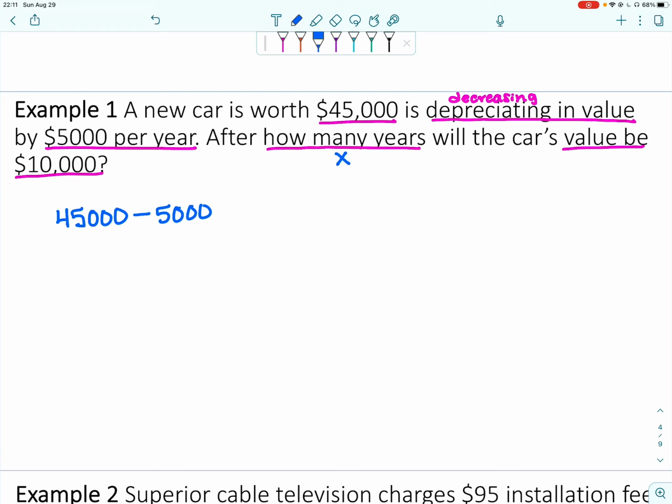If 2 years go by, we've lost $10,000. 3 years, $15,000. So it's $5,000 for every year, and X represents the number of years that have gone by. So it's going to be minus 5,000x.